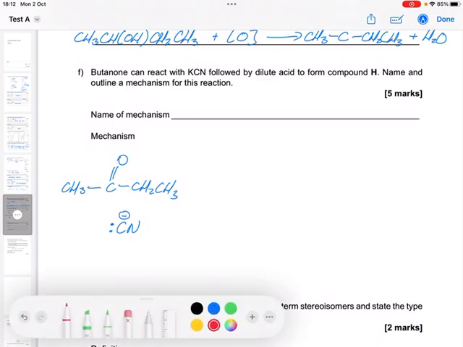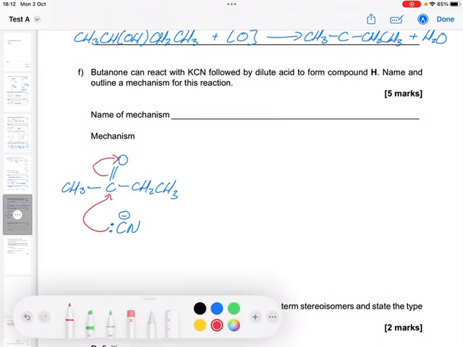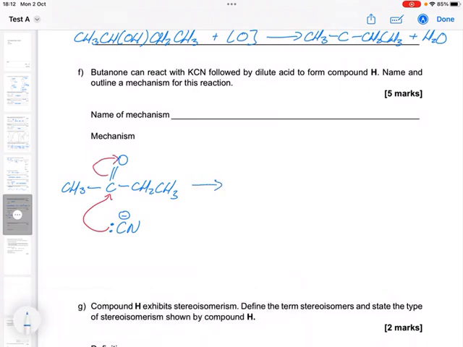Lone pair of electrons there. So curly arrow from here to here, and then a curly arrow from there to there. That's going to give me my intermediate. There's my minus charge, CH2, CH3. My cyanide is down here. Watch out for connectivity. Make sure it's going to that carbon.